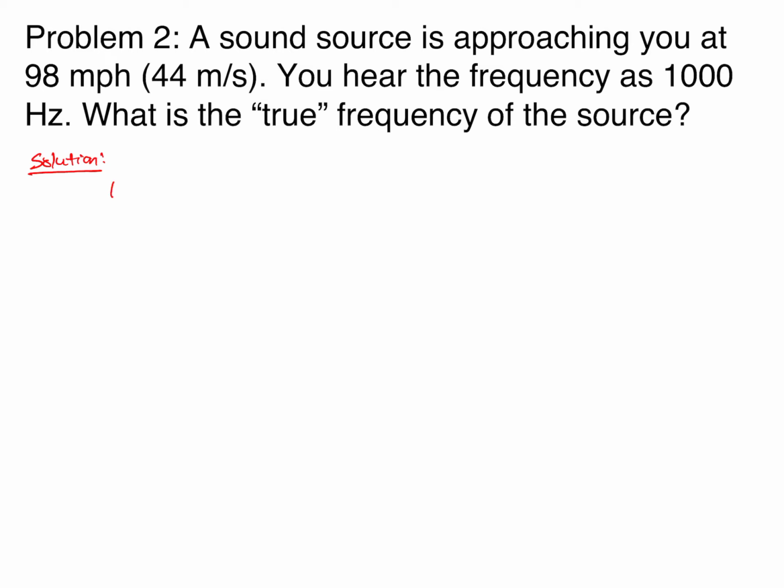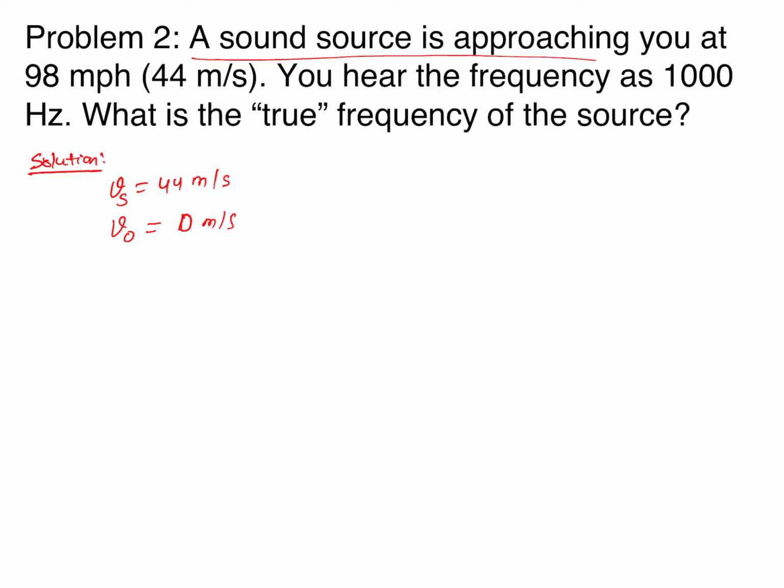You have the velocity of the source, which is 44 meters per second, and the velocity of the observer is 0 meters per second, because it is saying a sound source is approaching you, which means you are stationary.